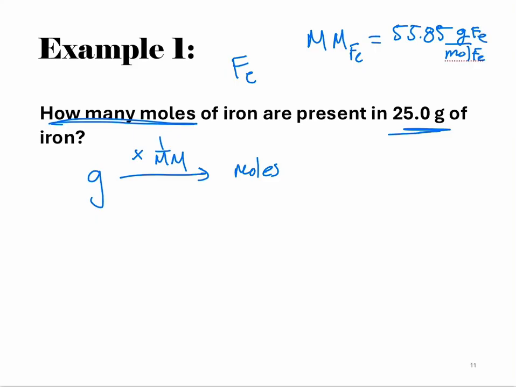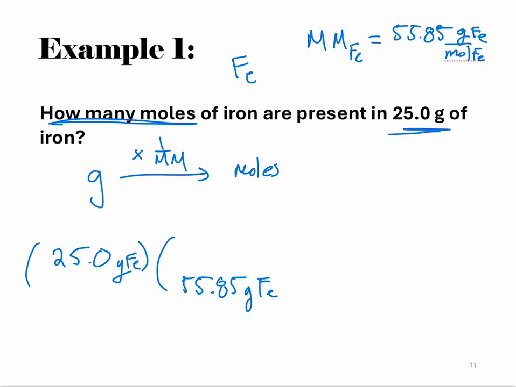And so how many grams am I starting from? 25.0 grams. I'm going to multiply it by 1 over the molar mass, which is 1 mole of iron per 55.85 grams of iron. What happens to my units of grams here?